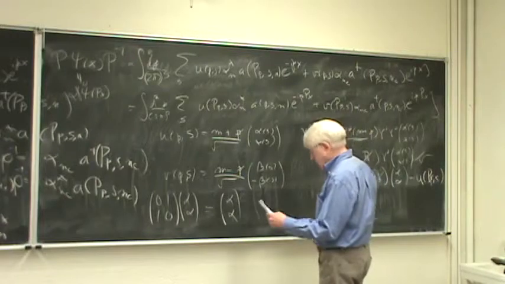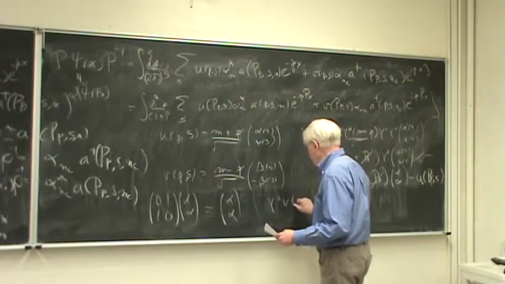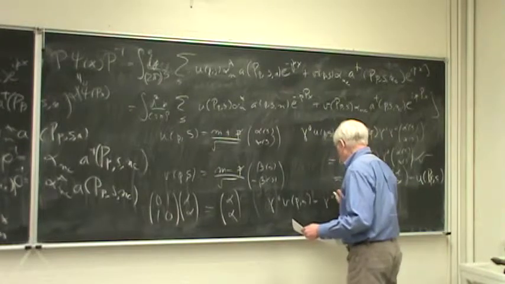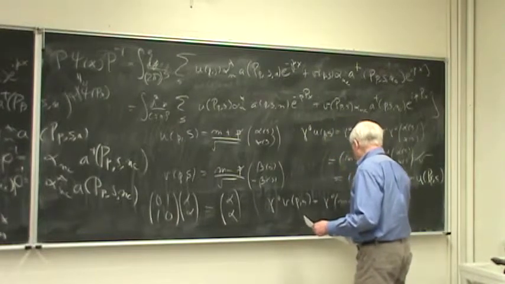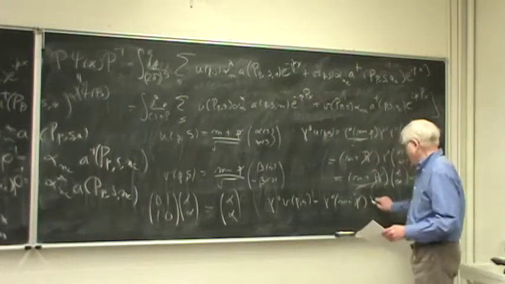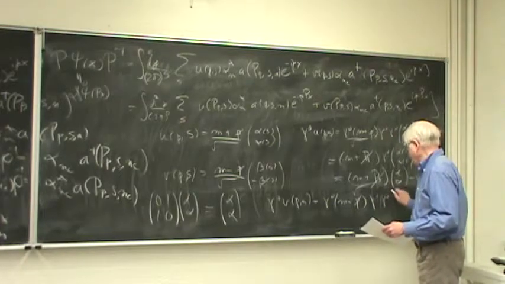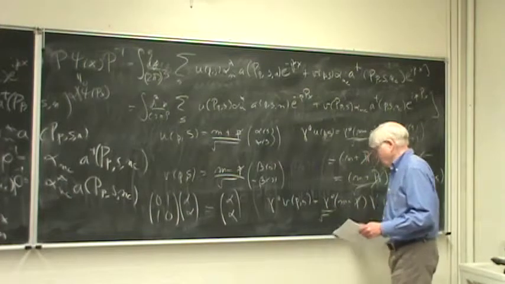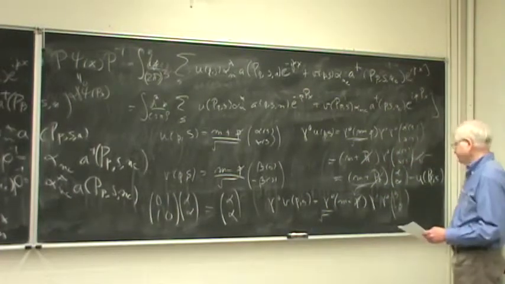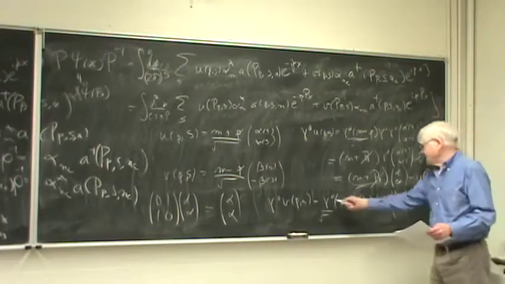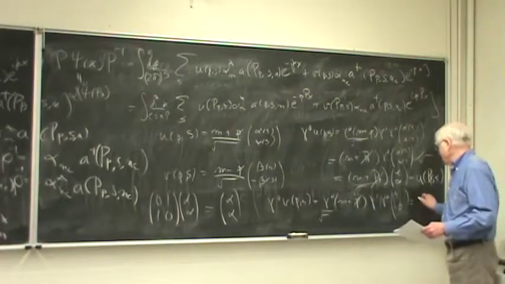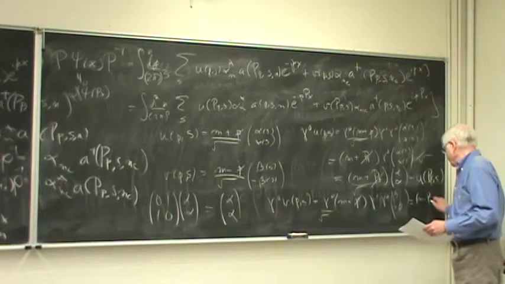For the antiparticles, we have gamma 0 v of p and s. This will be gamma 0 m minus p slash gamma 0 squared, beta minus beta, square root of normalization. This gamma 0 flips everything, so this becomes m minus reflected p slash.